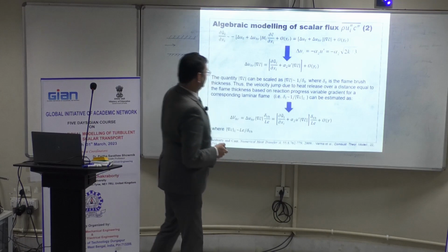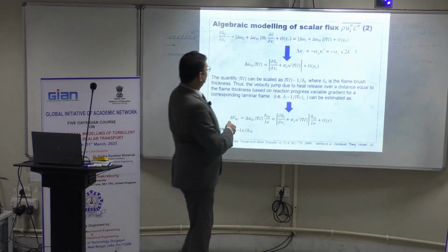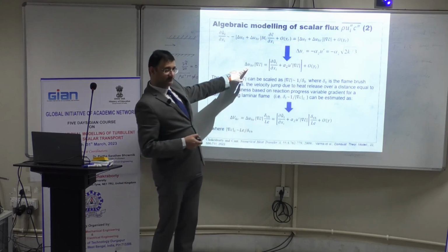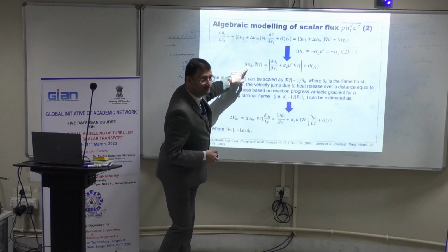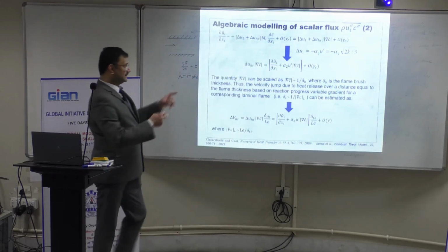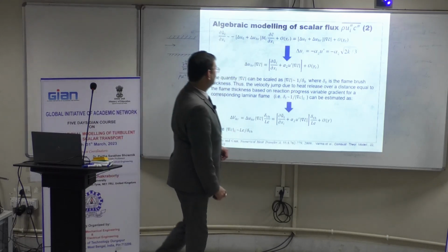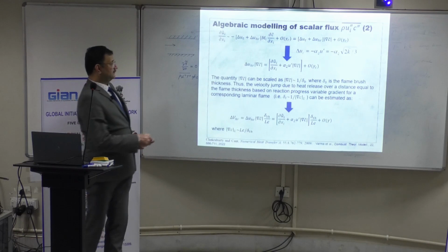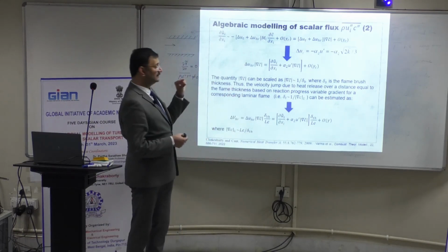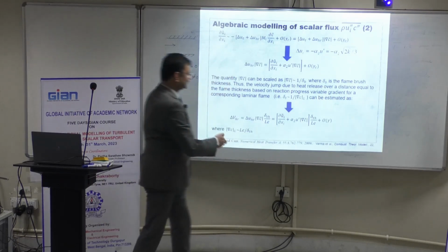Based on that, I came up with an expression for the term which is coming because of the heat release. I considered that this much is taking place over the flame brush thickness. That is, what is going to be the heat release over a length scale of the instantaneous flame. And that gave me this kind of expression.